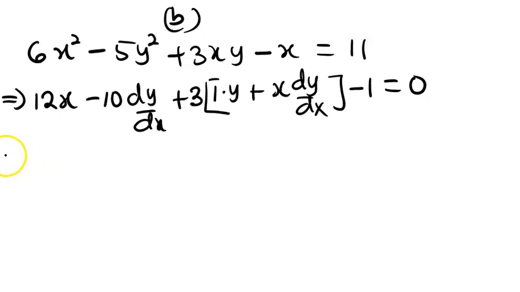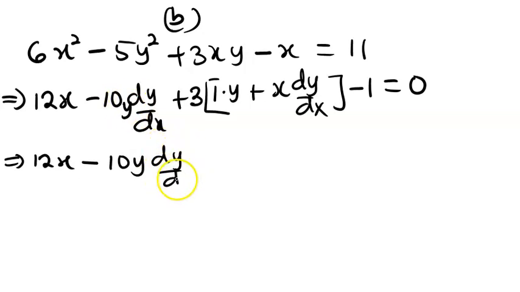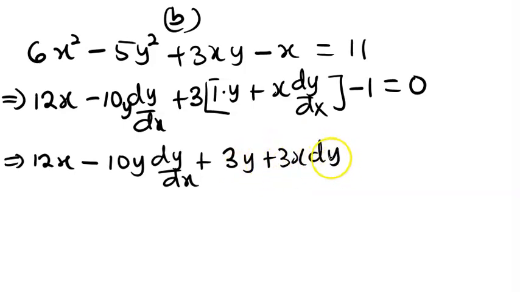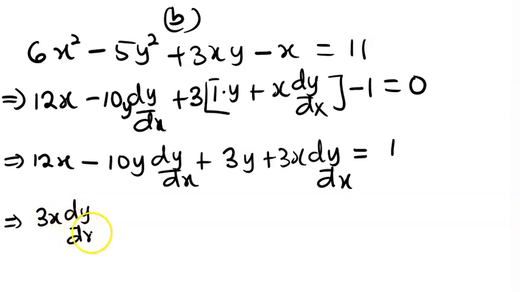So 12x minus 10y dy/dx, plus, expanding, we have 3y plus 3x dy/dx, and then let's send this to the right hand side, which is equal to 1. So we have 3x dy/dx minus 10y dy/dx.